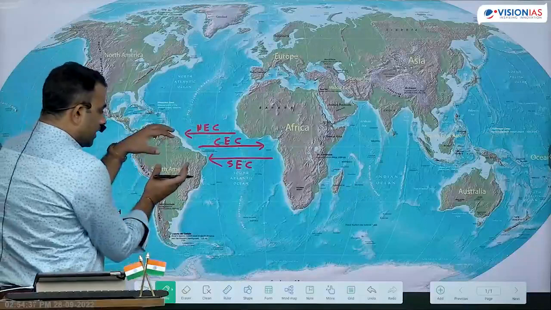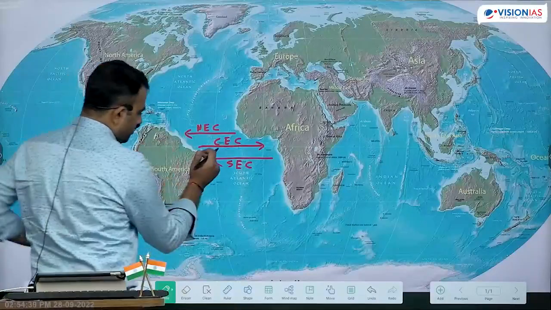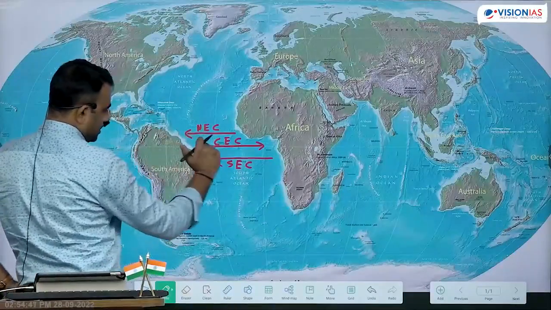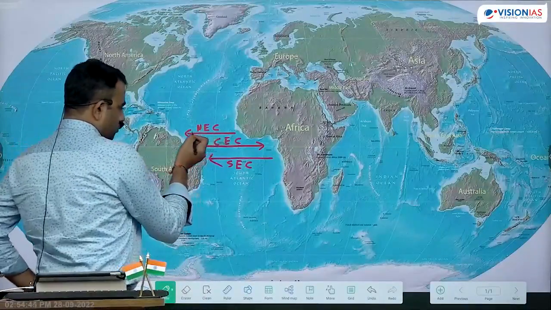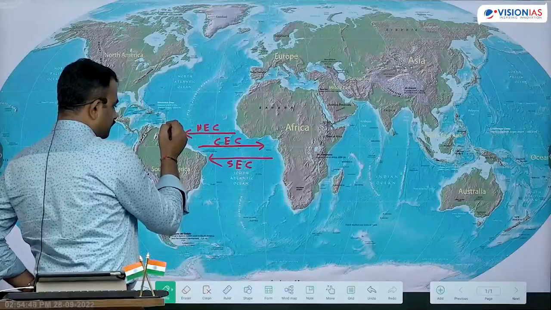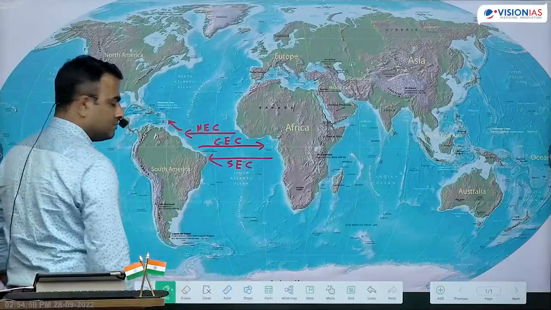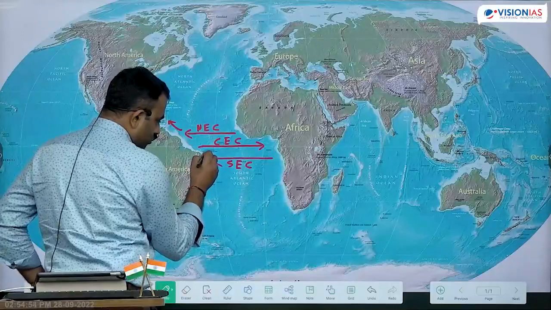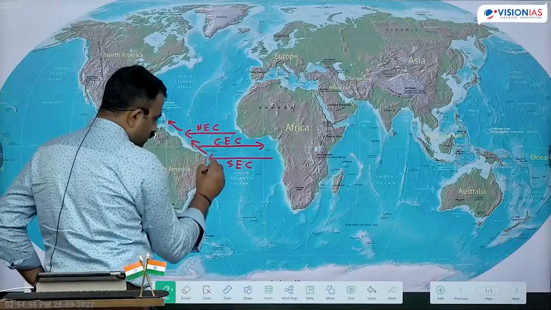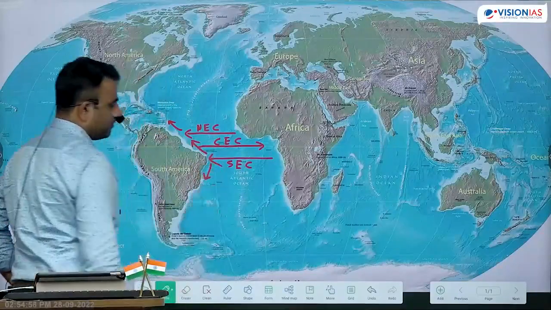So overall, now try to see the overall coastline. Coastline किस तरफ है? यहां पर तो coastline is going in this direction, here it is going in this direction. So it is very obvious that north equatorial current का जो पानी है ऐसे divert होते जाएगा. However, the south equatorial current will get bifurcated into two parts, one towards the north, another towards the south.